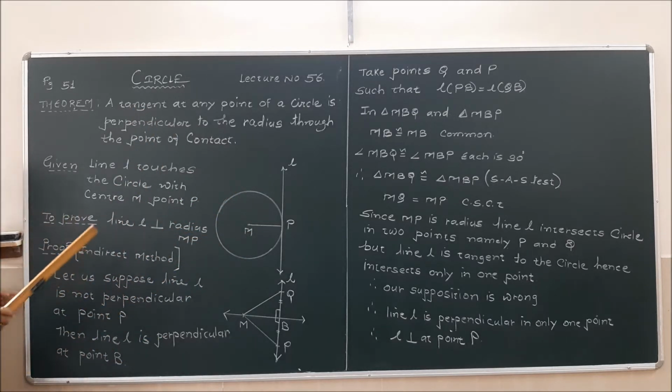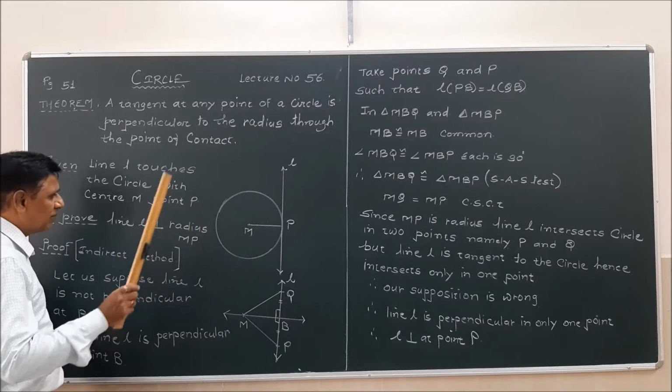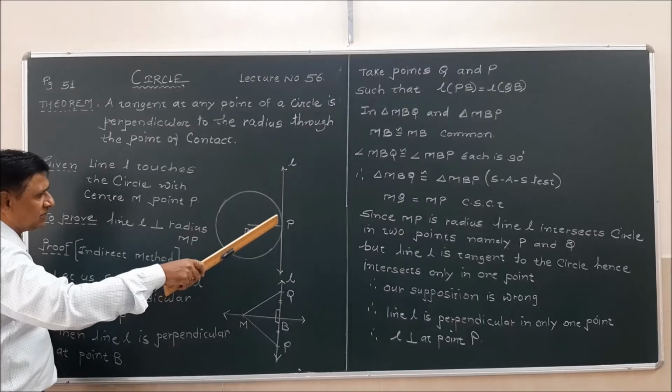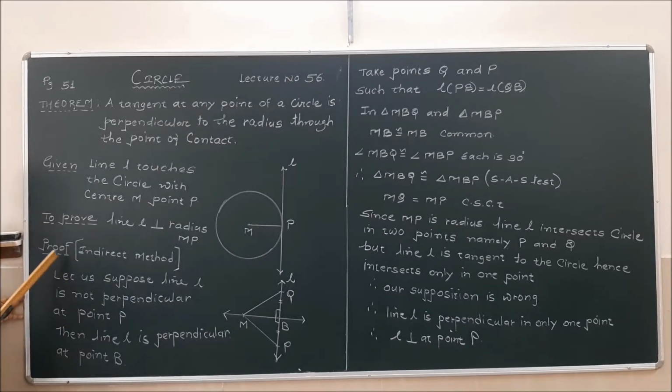To prove: line L is perpendicular to the radius. The proof is by the indirect method.